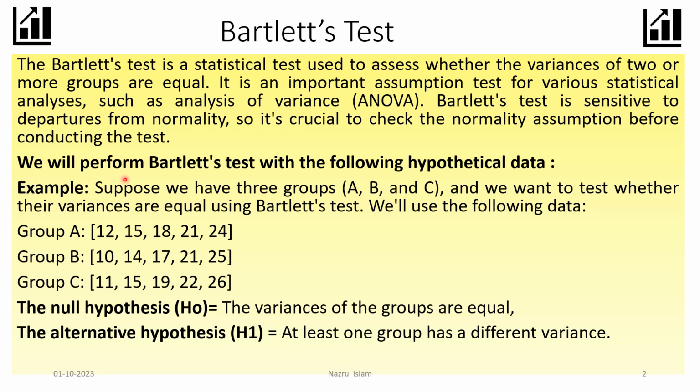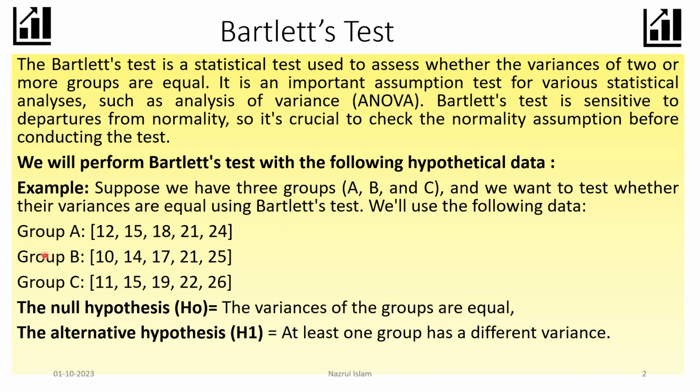Now we will perform Bartlett test with the following hypothetical data. For example, suppose we have three groups A, B and C, and we want to test whether their variances are equal using Bartlett test.